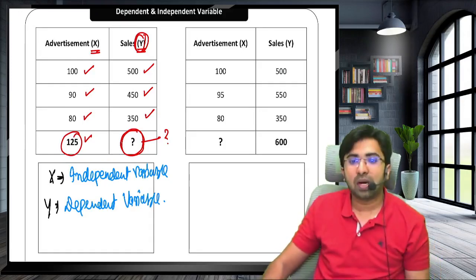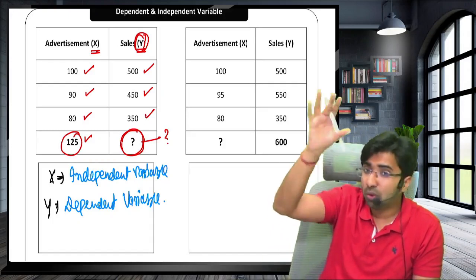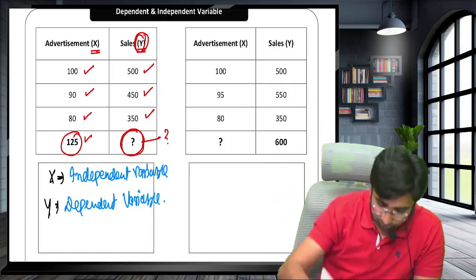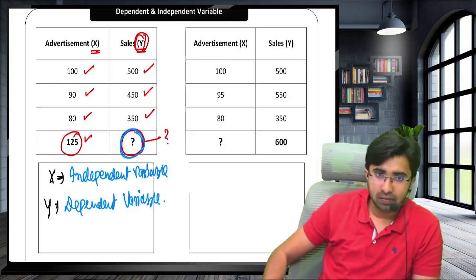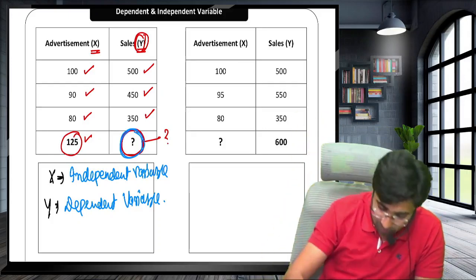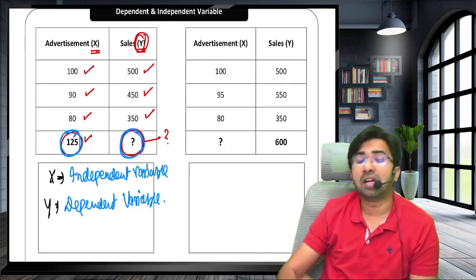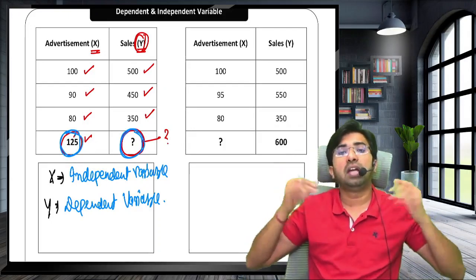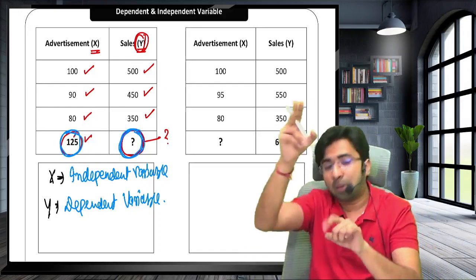Why? I will tell you, guys. I don't know the value of y. I need to identify the value of y. That is always the dependent variable. And the variable whose value is known, here the value of x is known, guys, this is the independent. We know the value, independent. And the variable whose value I need to identify, that is the dependent variable.